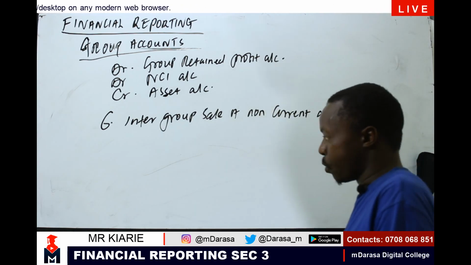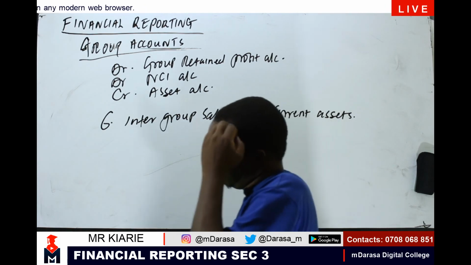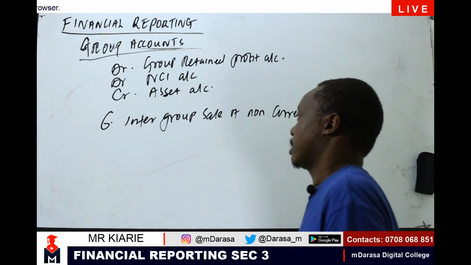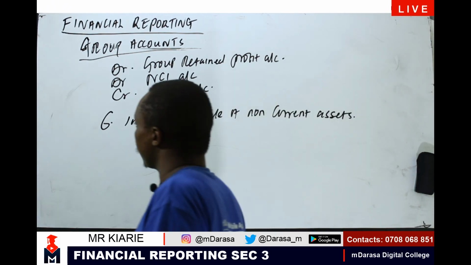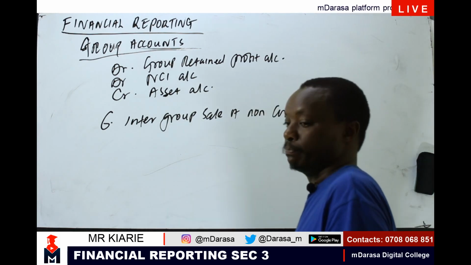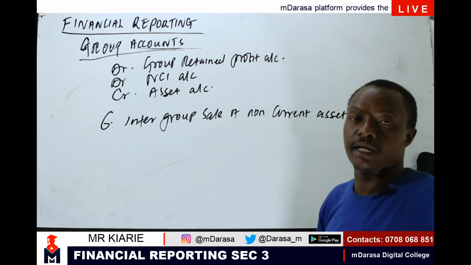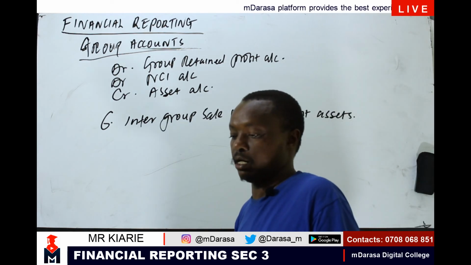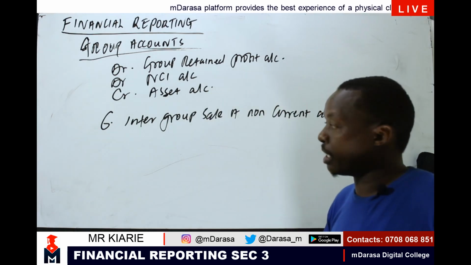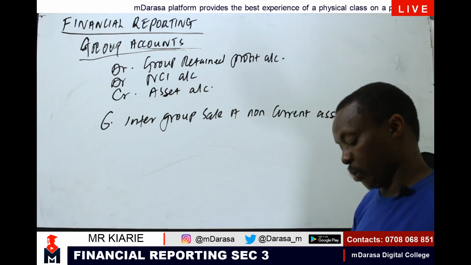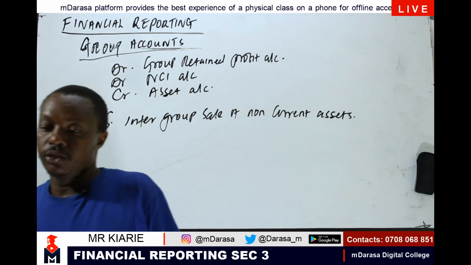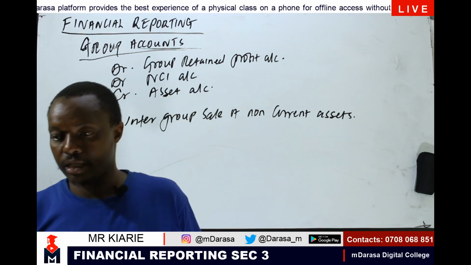It arises when one group member sells a non-current asset to another group member at a profit.